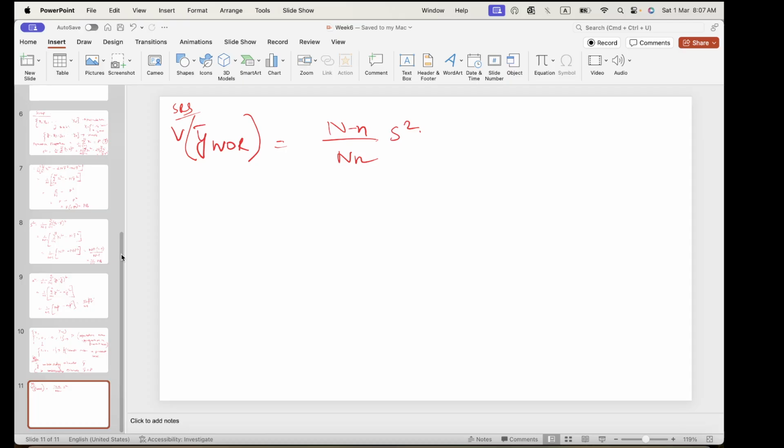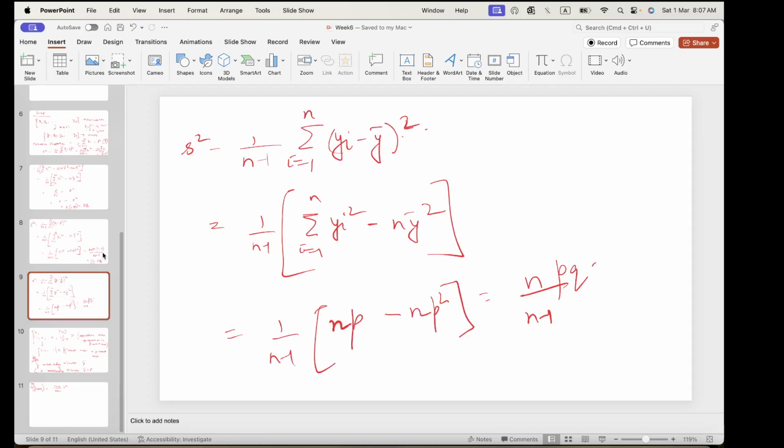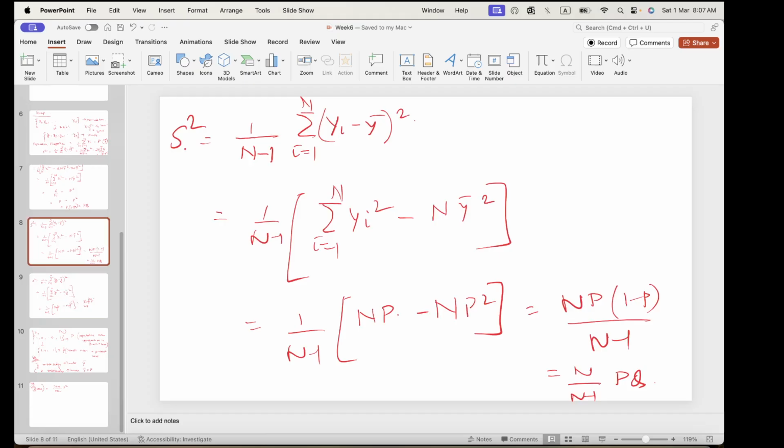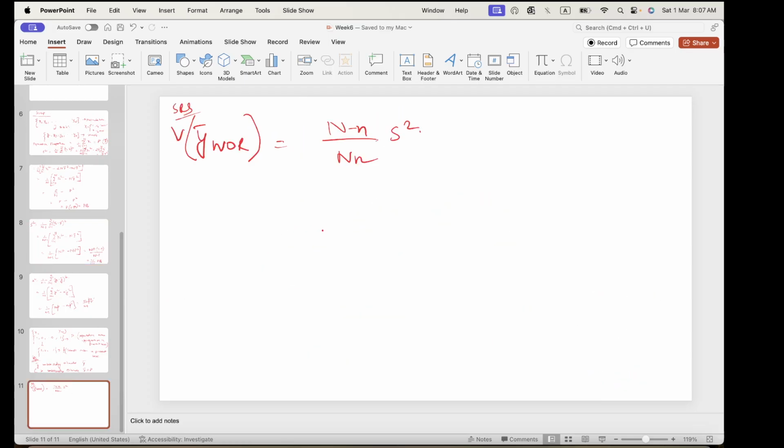Now capital S square we have seen is nothing but capital N by (N minus 1) PQ. If we replace that here, we'll have (N minus n) by N into N by (N minus 1) PQ by n.